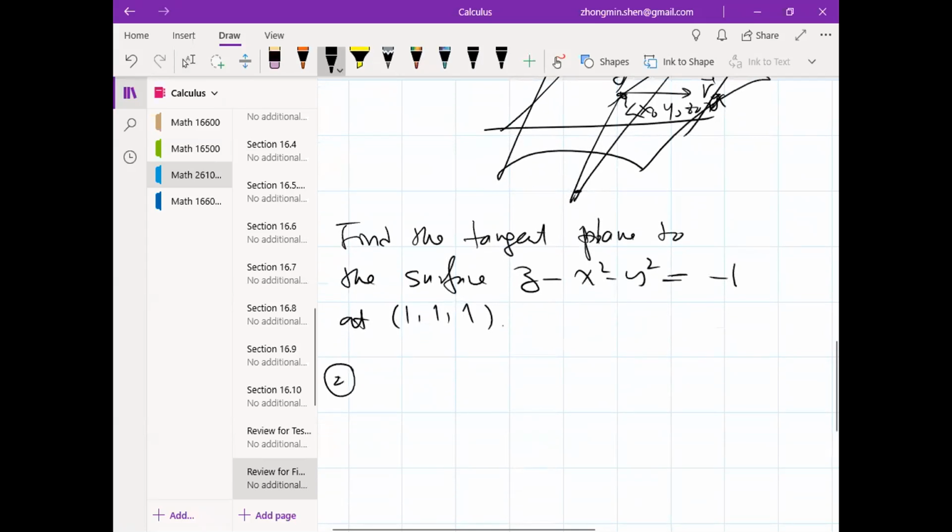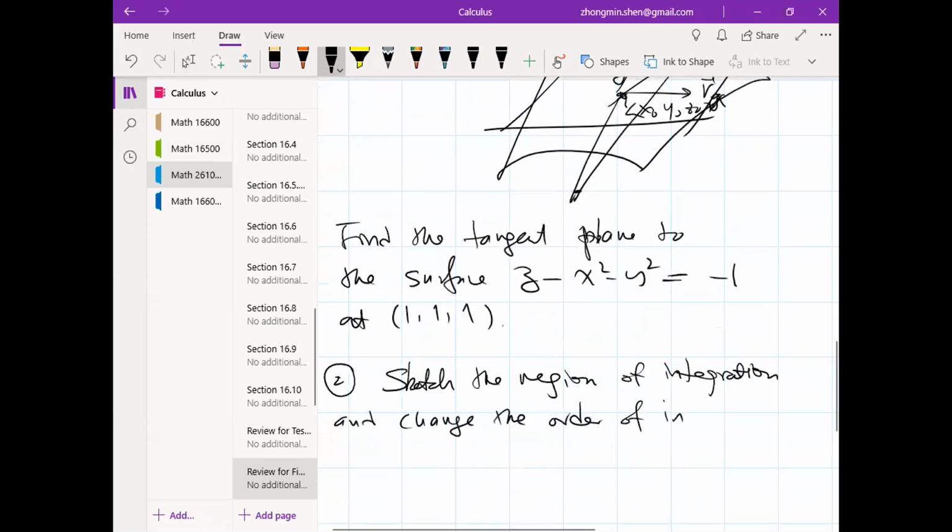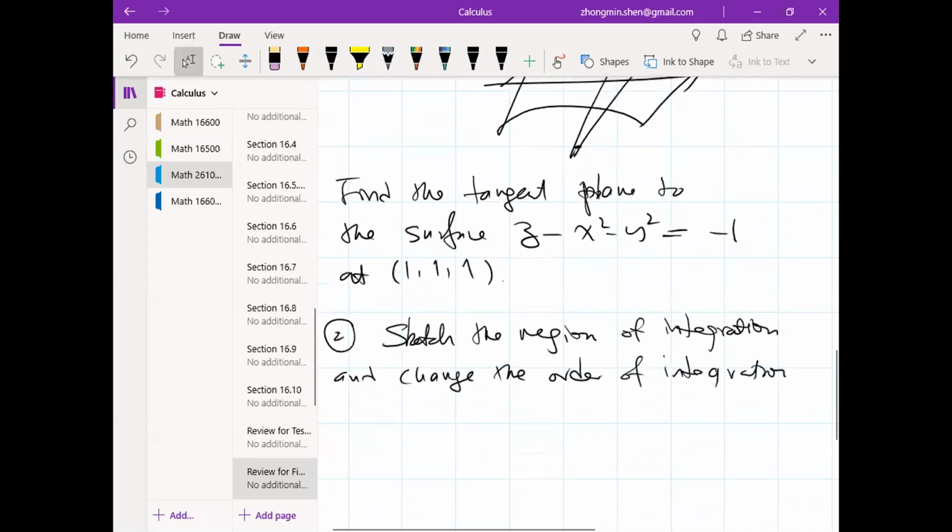All right. The second problem I want to discuss is: sketch the region of integration and change the order of integral. Sometimes you are asked to express the double integral as two iterated integrals in both ways.